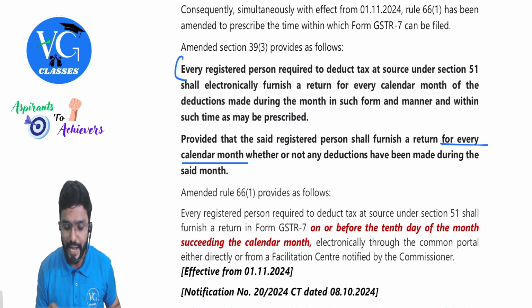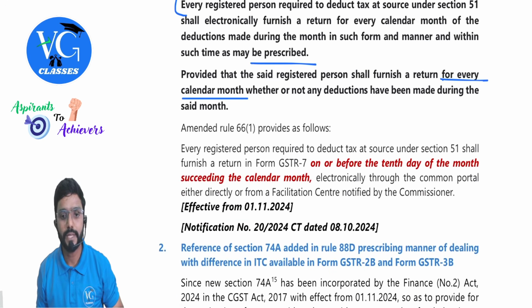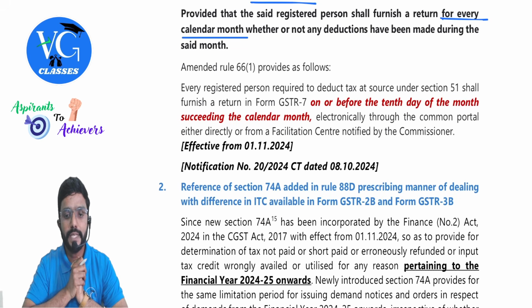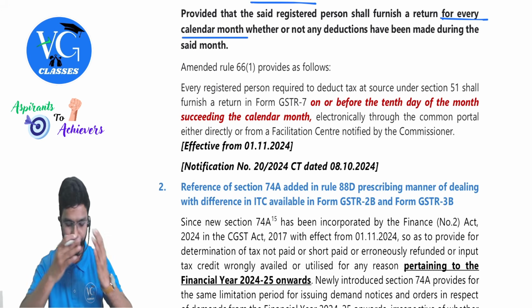So now they are told as may be prescribed now. So what is prescribed, sir? Rule 66(1). Every registered person required to deduct tax at source under section 51 shall furnish a return in form GSTR 7 on or before the 10th day of the month succeeding the calendar month, electronically through the common portal, either directly or from a facilitation center notified by the commissioner.